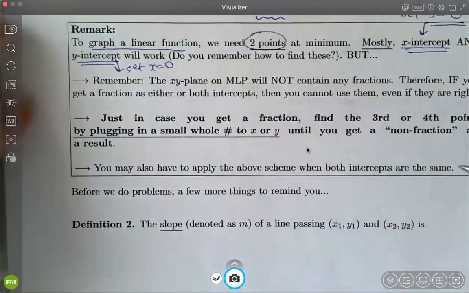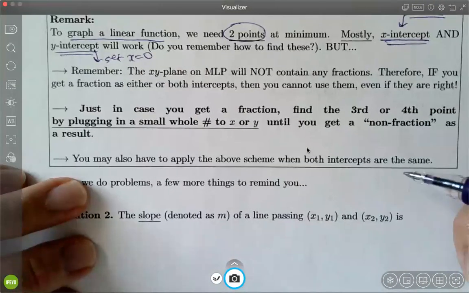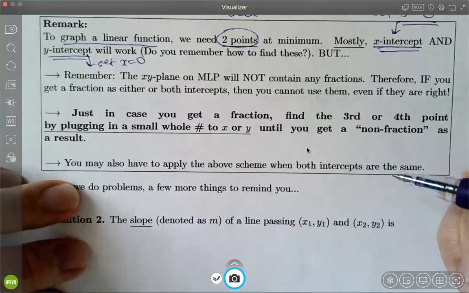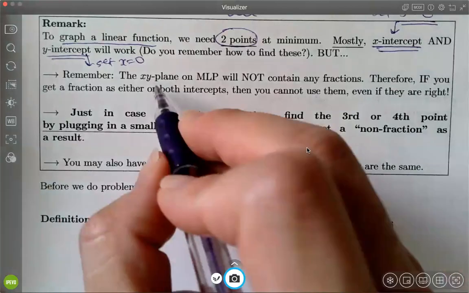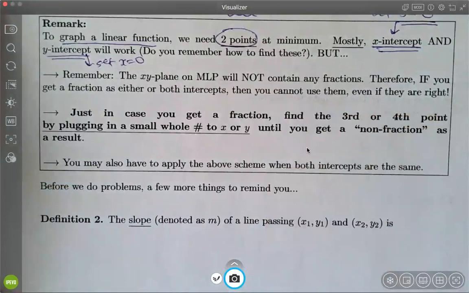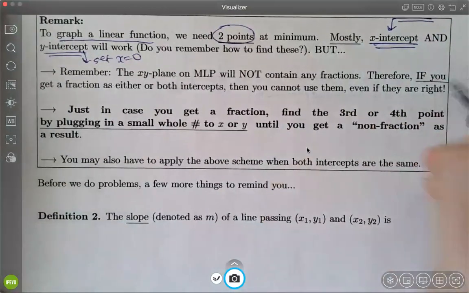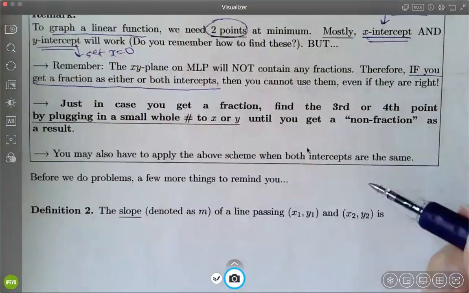Now, since you have done some graphing on MLP, you already know this. The xy plane on the MLP does not contain any fractions, so you have seen that, right? What does that mean? If you get a fraction as either or both intercepts, you cannot use them.